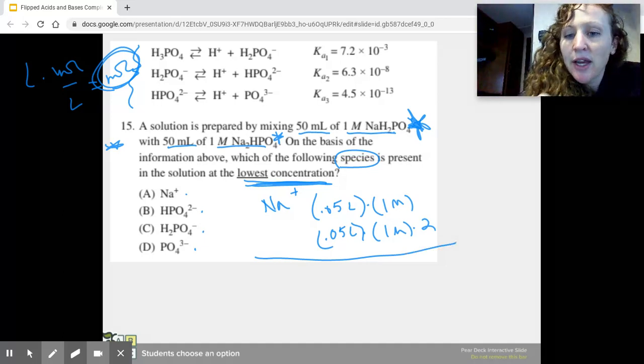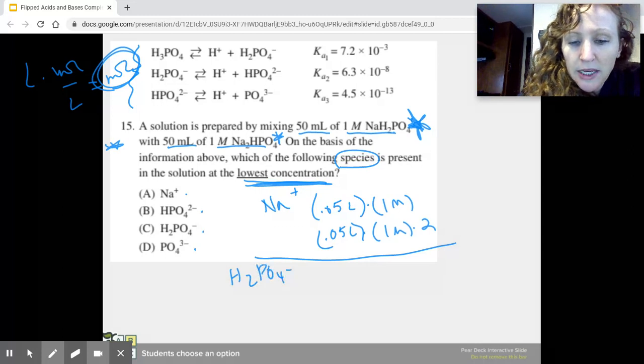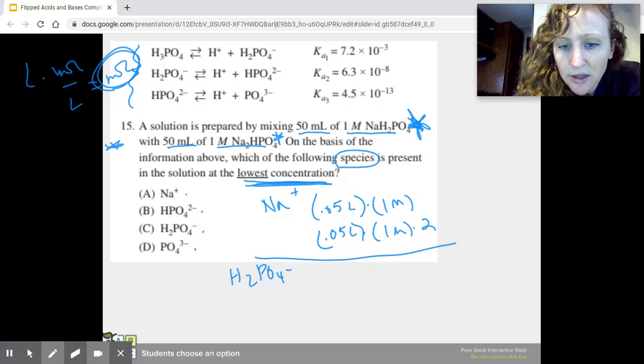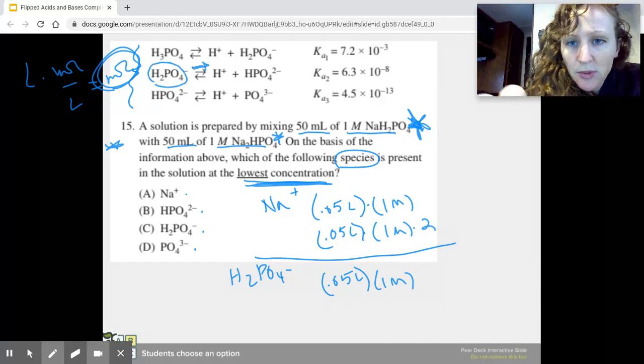Okay, now H2PO4 minus, so we get this 0.02 liters times 1 molar concentration. Now it is going to proceed forward probably, but not very much.